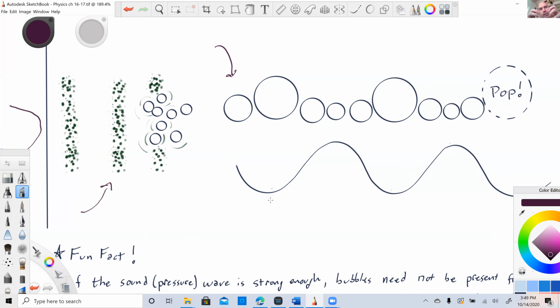We pull all the water molecules apart just a little bit. Well, that's kind of like reducing the water pressure just a little bit. Just for a little moment in time, the water pressure around the bubble has decreased. Well, what's going to happen to the bubble is that it's going to increase in size.